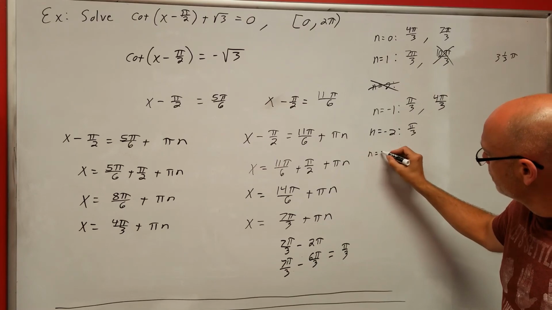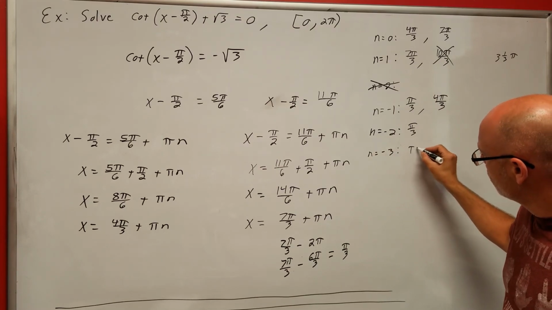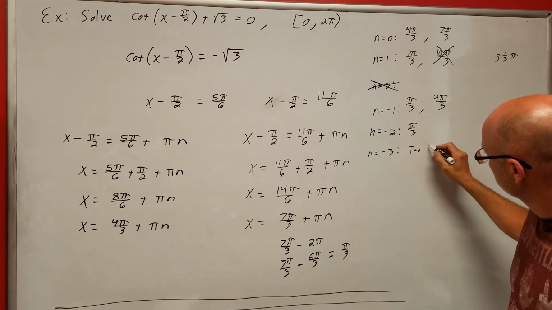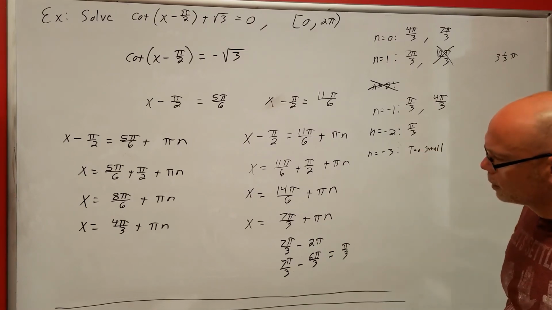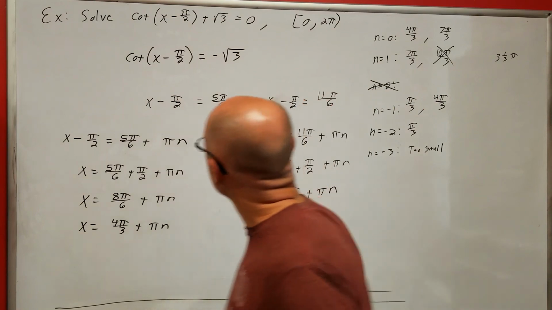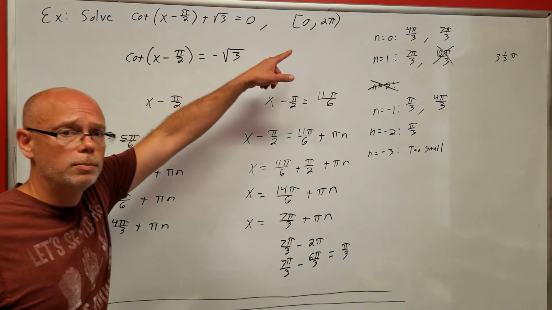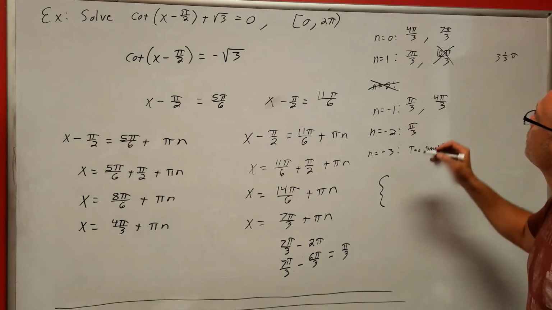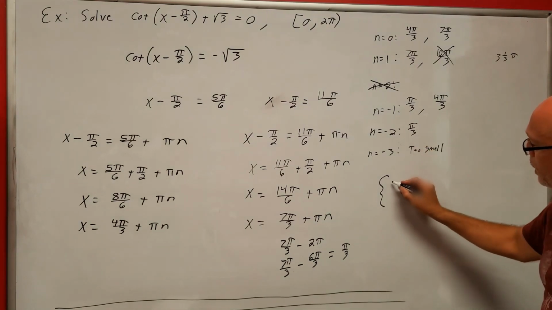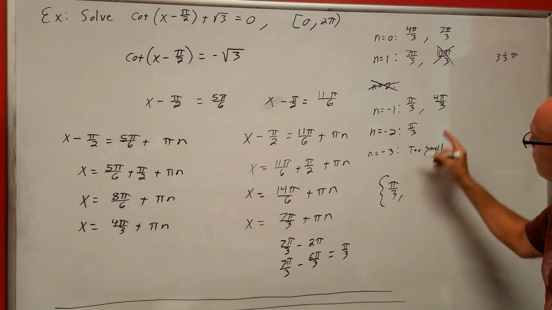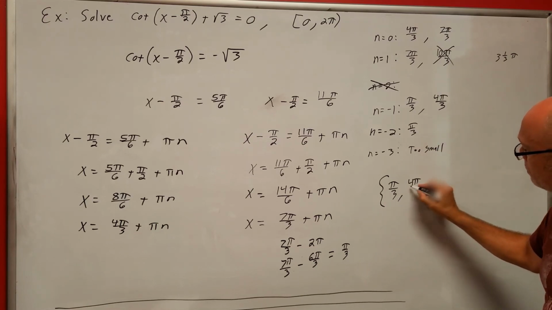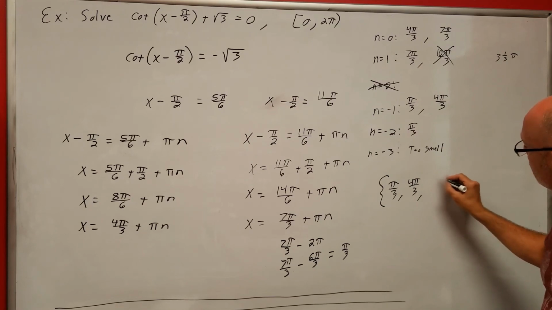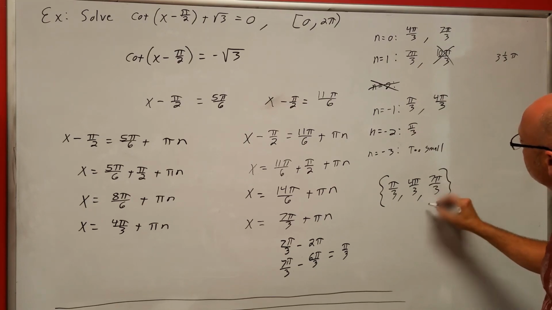If n is equal to negative 3, you're going to get values that are too small. So what is the solution set from 0 to 2 pi? It is pi over 3, 4 pi over 3, and 7 pi over 3.